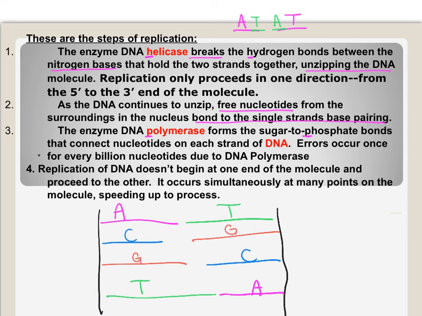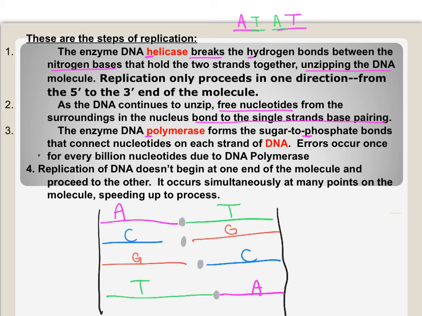I'm labeling so you can see what they are. And then we'll put some hydrogen bonds in here. Okay, so we have our black, which is your sugar phosphate backbone, and then your gray, which is your hydrogen bonds connecting your nitrogen bases, and then your different colors of nitrogen bases.